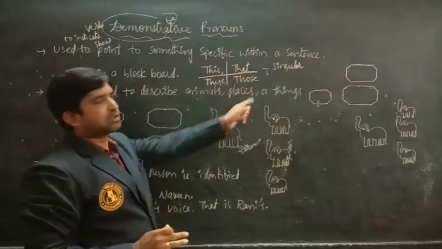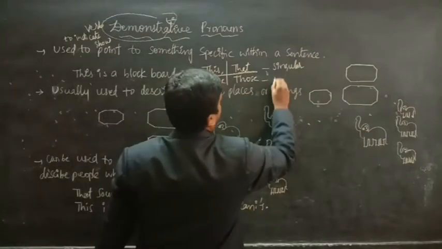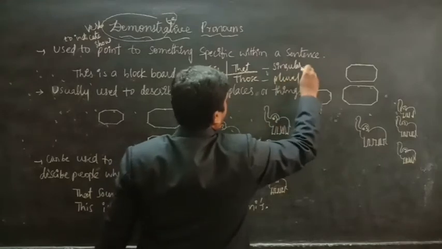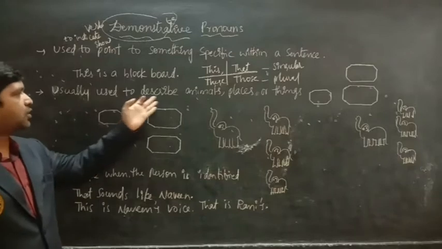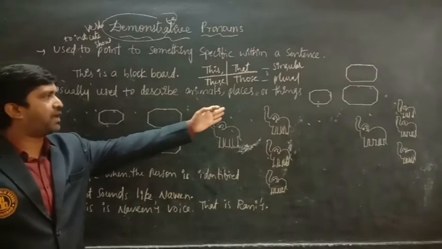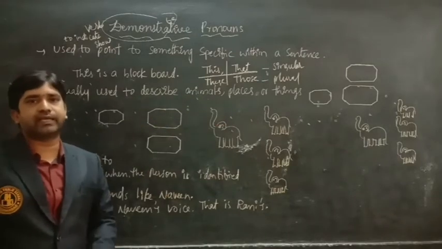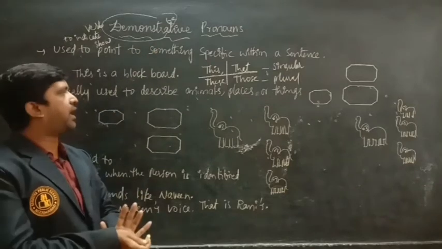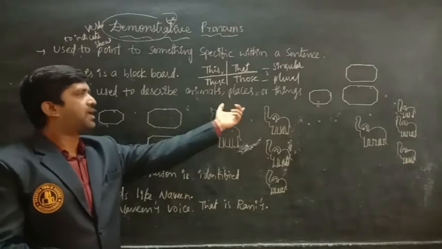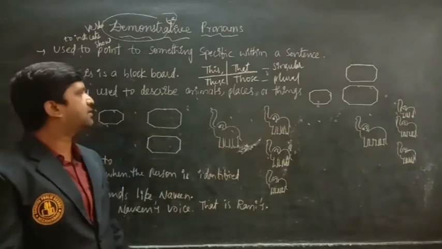These and those are used for plural. Usually used to describe animals, places or things. We use these demonstrative pronouns to indicate animals, places or things.